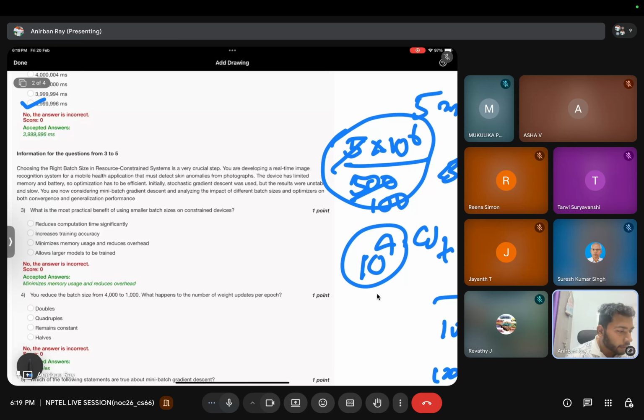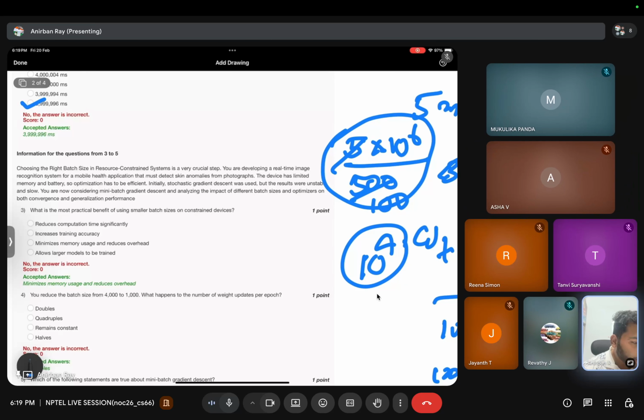You're developing a real-time image recognition system for a mobile health application that must detect skin anomalies from photographs. The device has limited memory and battery, so optimization has to be efficient. Initially, stochastic gradient descent was used, but the result was unstable and slow.